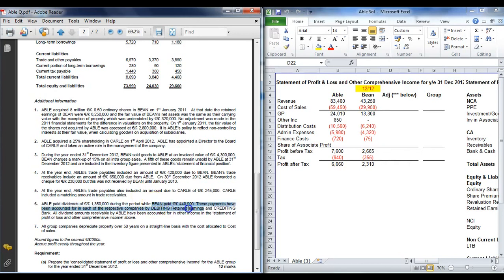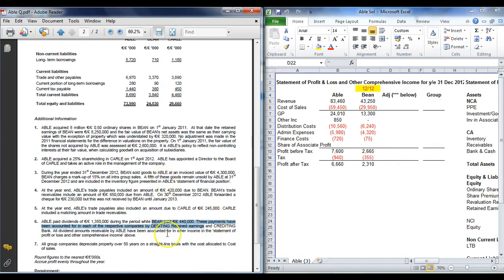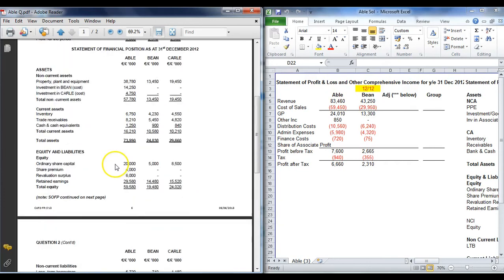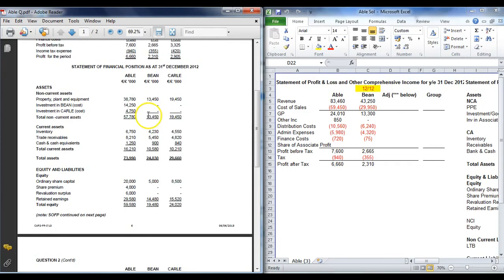And Bean paid a dividend as well. And note here, Bean is the sub. And you're told that these payments have been accounted for by debiting retained earnings and crediting bank. And Able have recorded dividend income in the SPLOCI. And we can see that there, that's what their dividend income is. So we know some portion of that is actually dividend from the sub, which has particular adjustments required.